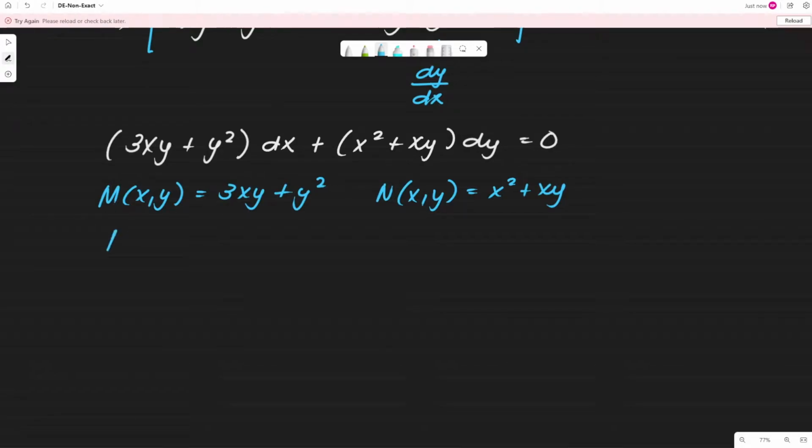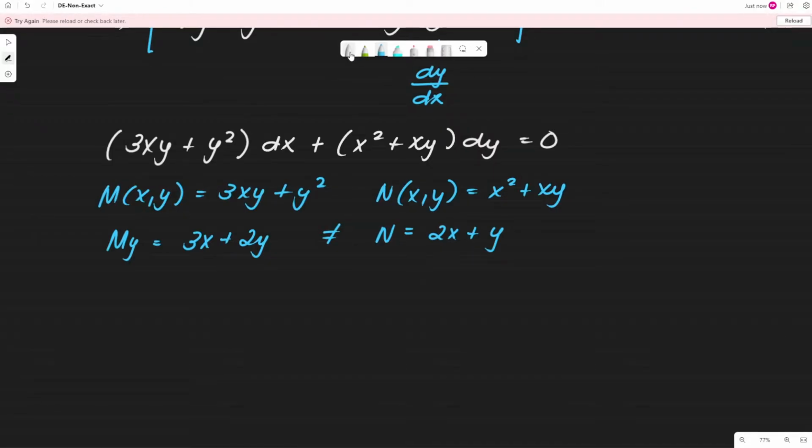The partial derivative of 3xy plus y squared is 3x plus 2y. Then for N, we will have 2x plus y, the partial derivative with respect to x. As we can see, they are not equal.